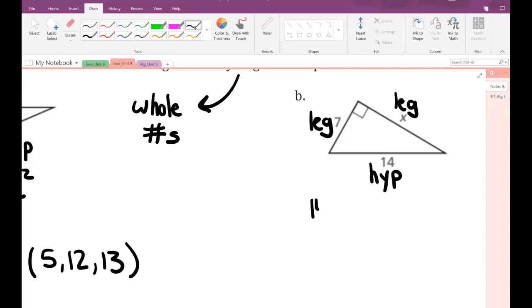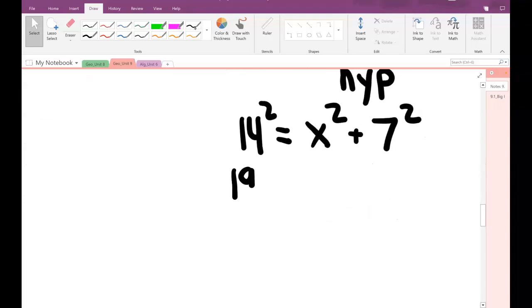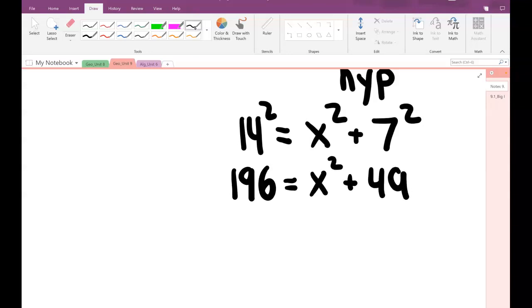So we could say 14 squared is equal to, put x squared first, plus 7 squared. 14 squared is 196, so 14 times 14 is 196. That's equal to x squared plus 49.